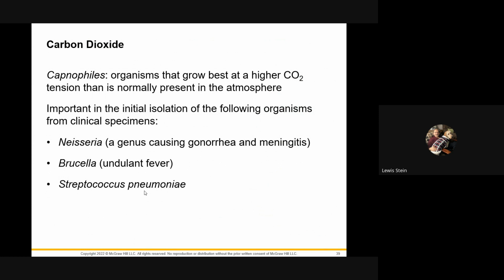You'll do those tests in the lab, and when we look at streptococcal diseases, particularly strep throat, you'll see how we identify those. We often use what are called enrichment agars for these, because we put something extra in them because of their special needs.